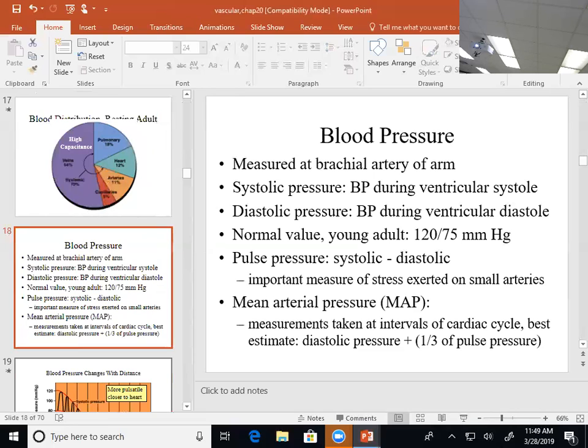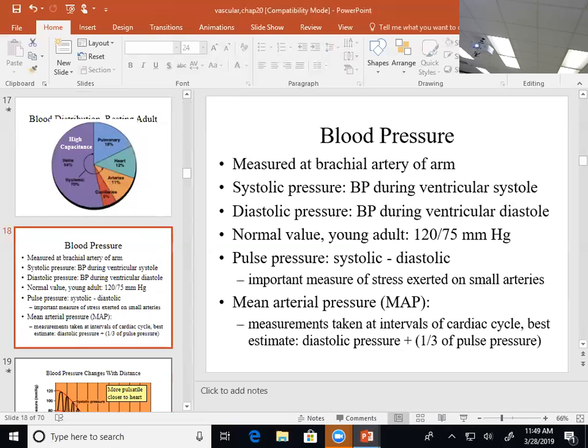What is that the measurement of? Force of what? The force of the blood going out of the left ventricle.